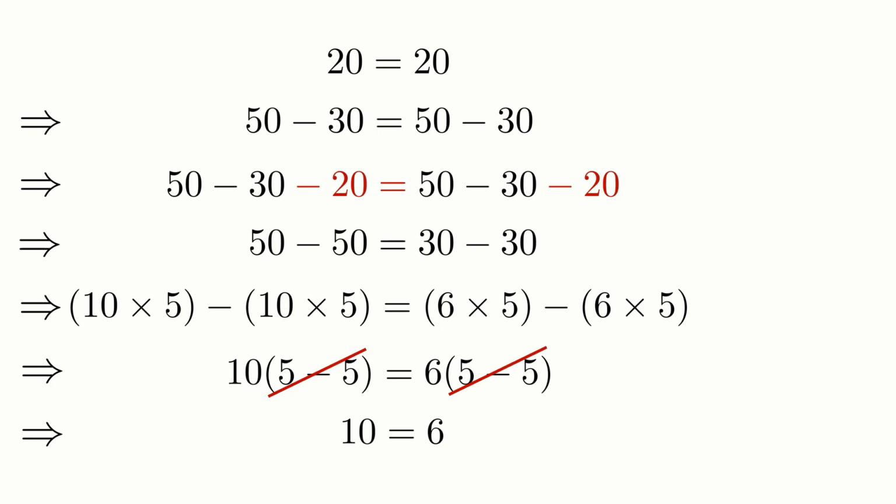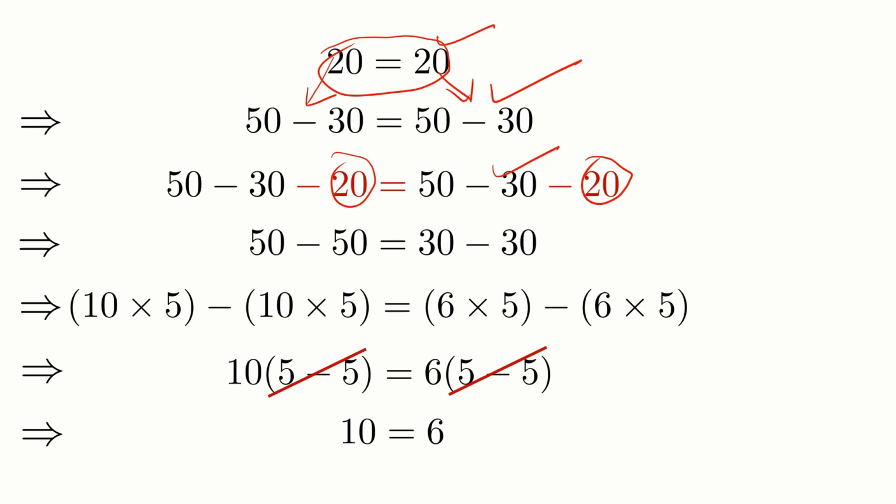Which law of mathematics have we applied incorrectly? Let's look at each step. We started with 20 is equal to 20. There is nothing wrong with this step because this equation is correct. Writing 20 as 50 minus 30, this step is fine. Subtracting 20 from both sides of the equation, this step is also fine.